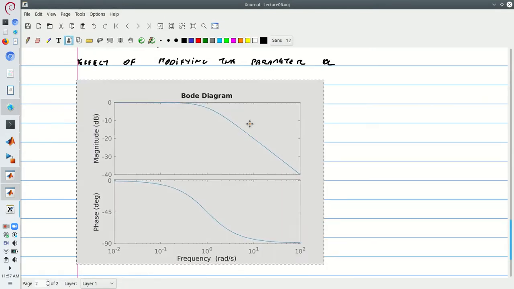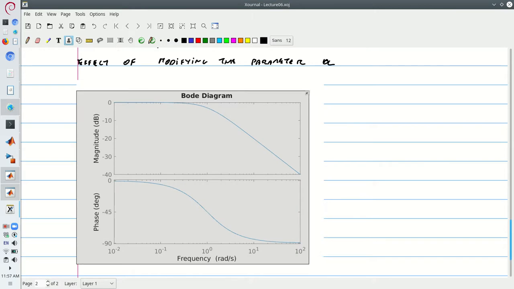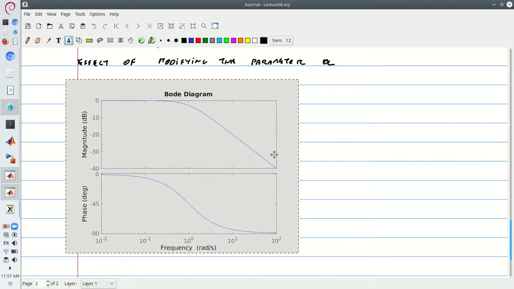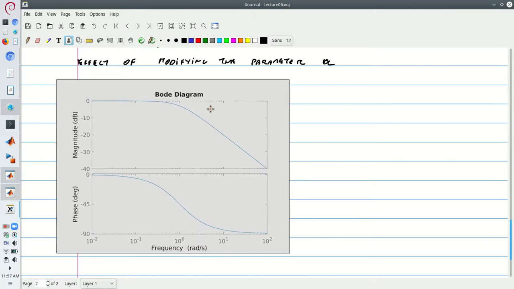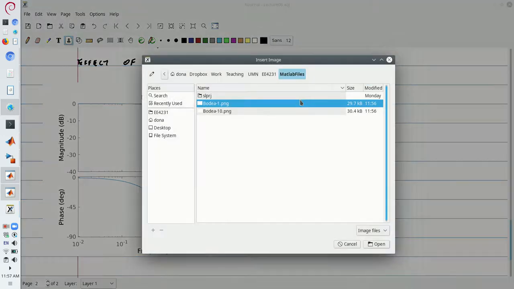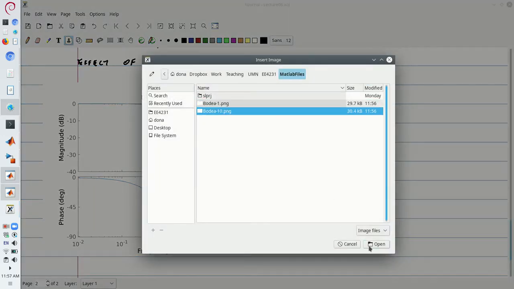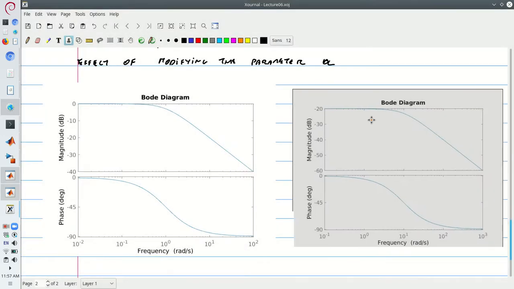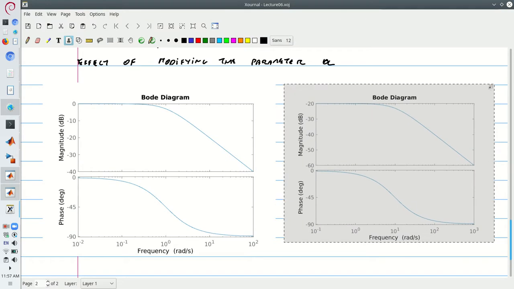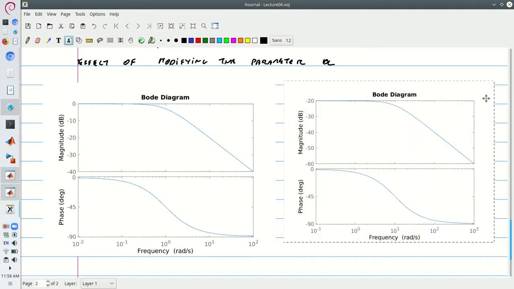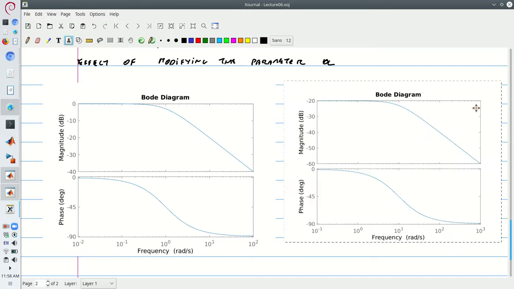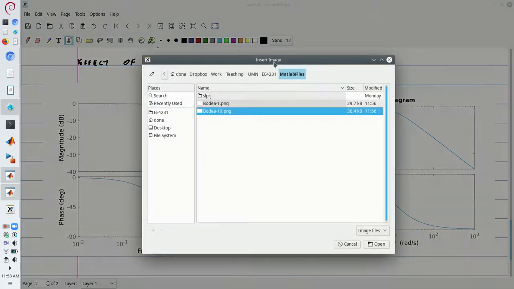Oh, this is actually a much nicer way of giving you notes so that I don't have to draw. And let's add another figure here, the one with a equal to minus 10. I'll try to have them roughly the same size, and oops.